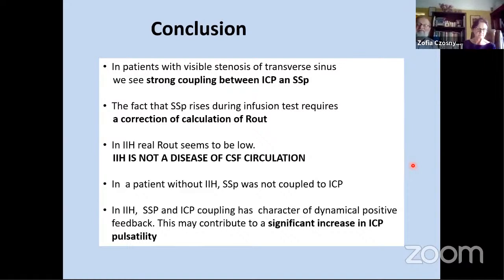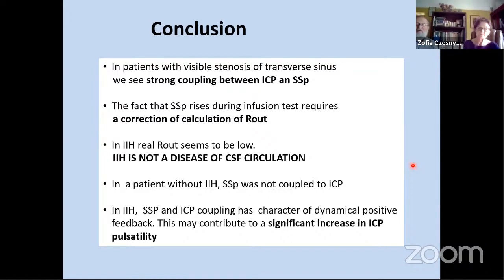And also in a low state, when the sagittal sinus opens and intracranial pressure starts to settle down to 10 millimeters of mercury, as I showed in this example.